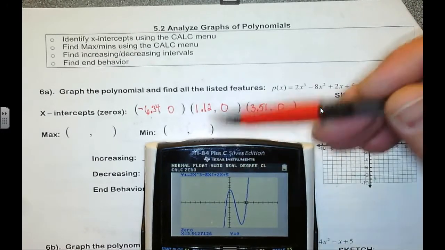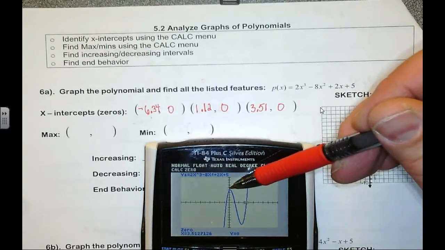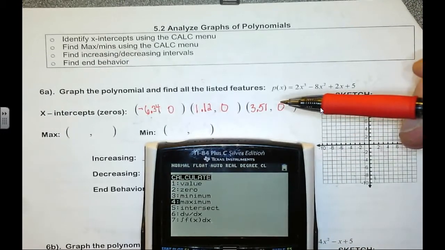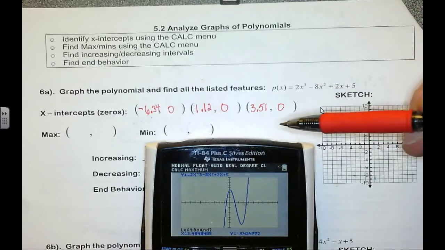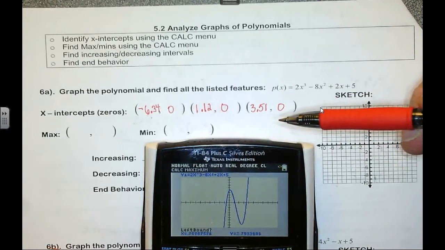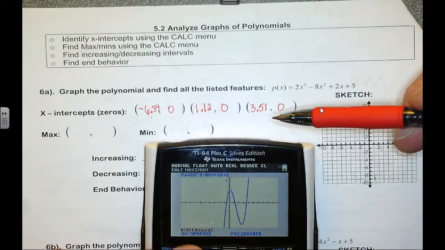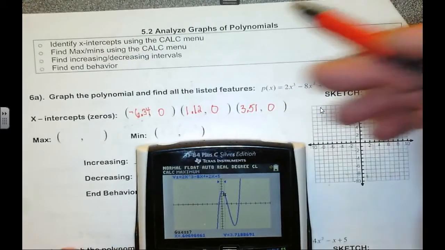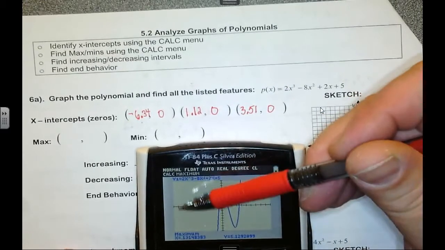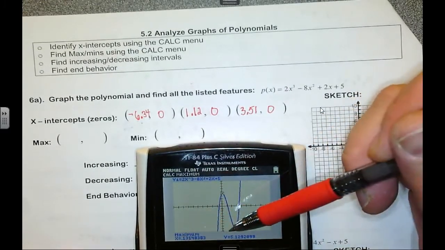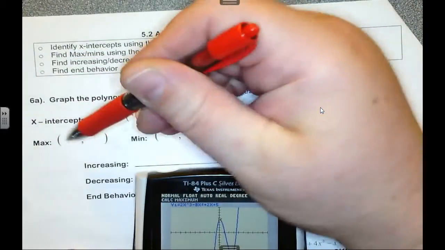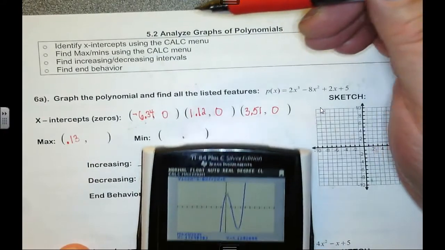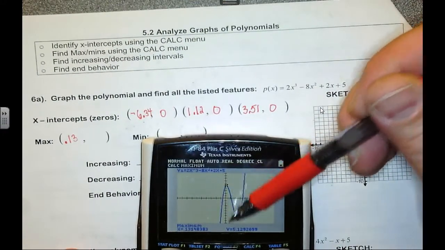Okay, max. Let's find this max. Second trace, max. Left bound, left to the max. Enter, right to the max. Enter, enter again. Max is at 0.13 and my y value is 5.